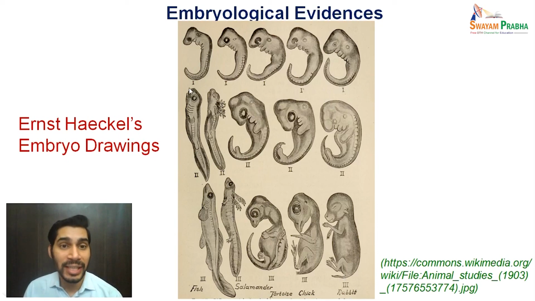This is the ontogenic development of fish, and this is the ontogenic development of salamander. But when you compare their embryonic stages, it shows how each organism shows the phenomenon of repetition of phylogeny through their ontogenic developments.